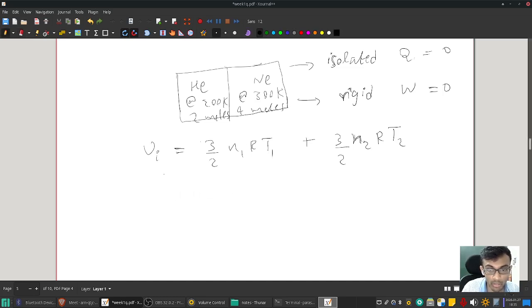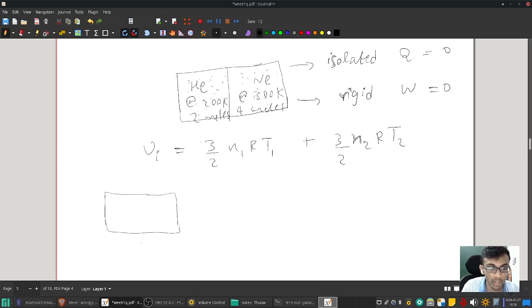We can substitute for the values at the end. And once the piston is removed, the gases will mix. Okay, so let me draw some gas molecules here.